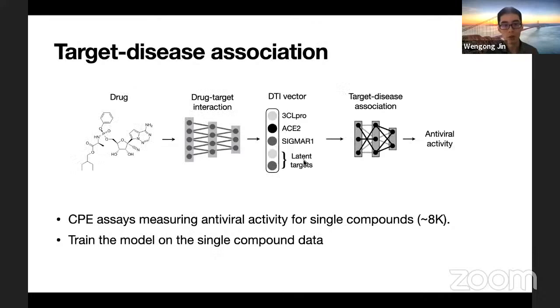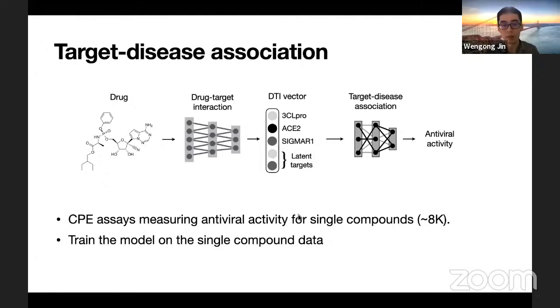The second module we need to train is the target disease association module. Here, to assign the importance weight of each biological target, we train the model on the single agent antiviral assay.